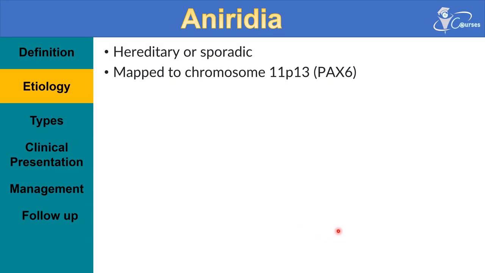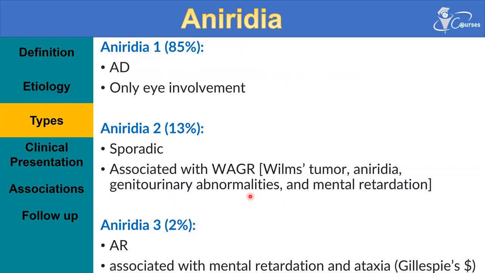Now let's see the most important part of aniridia, which is the types. Aniridia is classified into 3 types: type 1, type 2 and type 3. The most common is aniridia type 1, which is around 85% of cases. It is autosomal dominant with only eye involvement. This means that in type 1, it is only isolated aniridia. There is no systemic involvement.